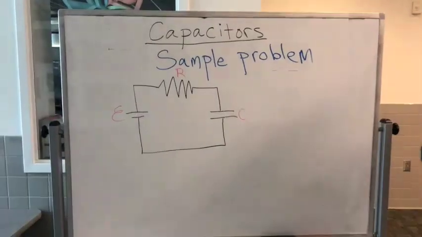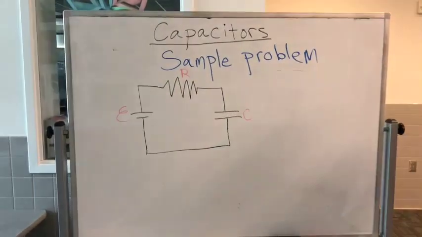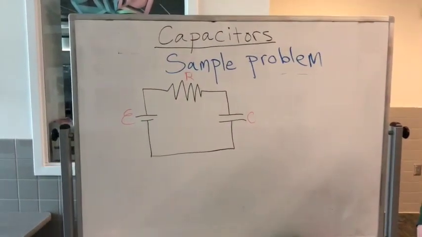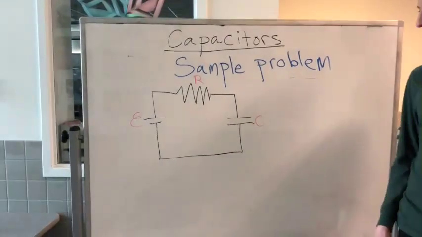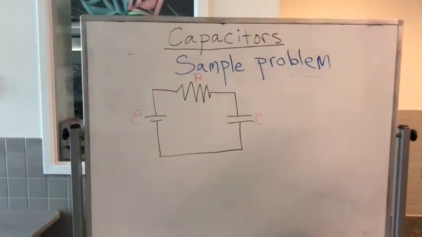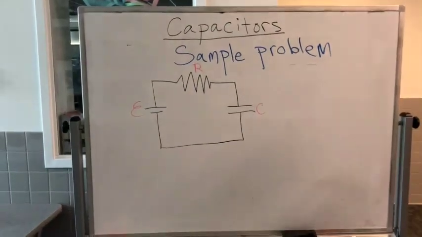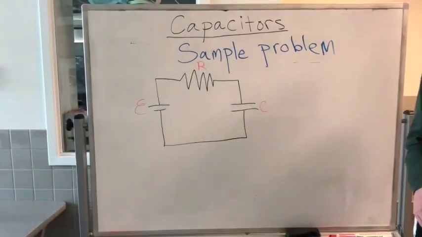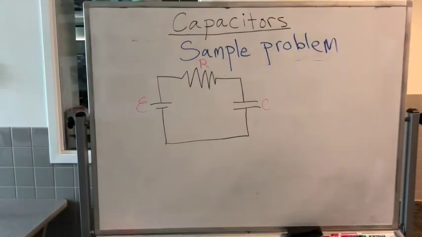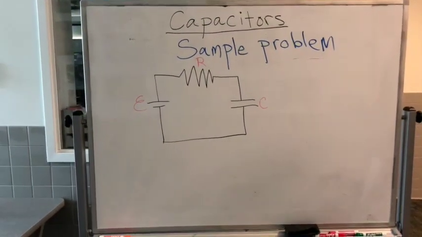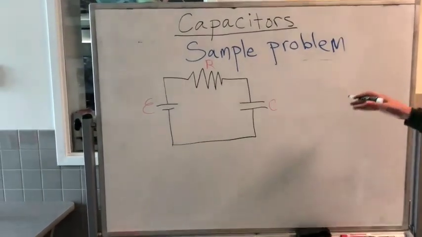Here we have a sample problem involving capacitors, and basically our question is, what happens to the circuit after it's been sitting for a long time, after the capacitor and the resistor have been hooked up to the battery for a long time? So we can use our water bucket analogy in order to conceptualize this.